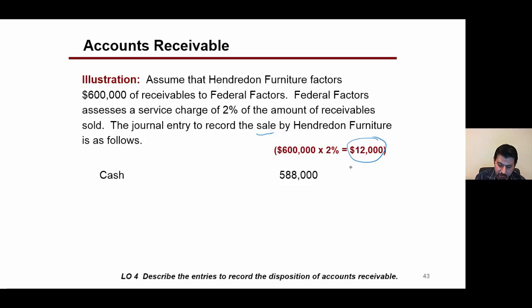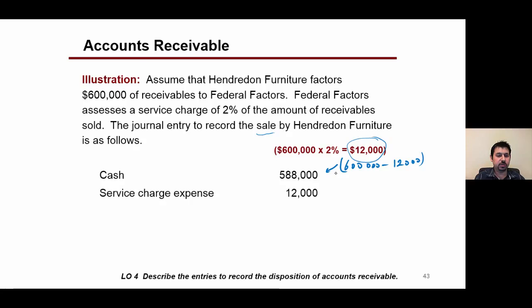So it will be 588,000. So this is basically 600,000 minus the 12,000 fee. So the journal entry will include a debit to cash of 588,000, a debit to service charge expense of 12,000, and a credit to accounts receivable of 600,000.